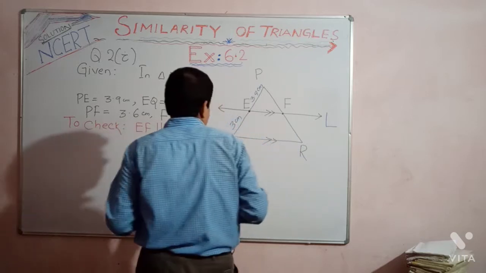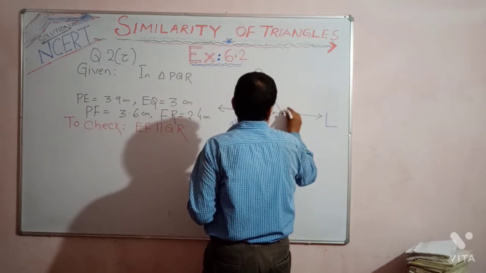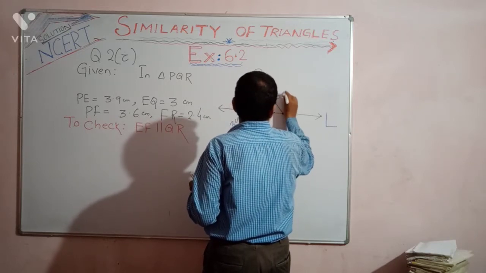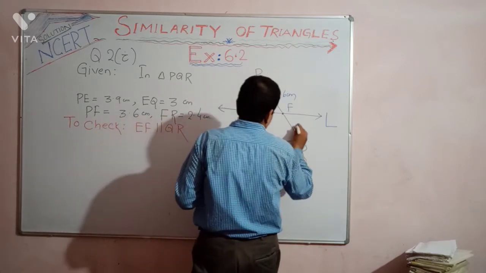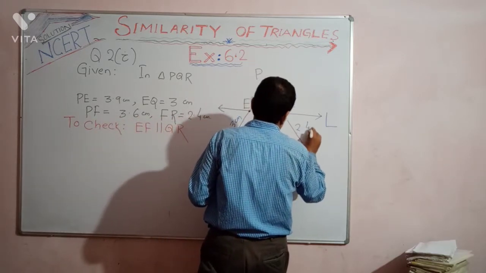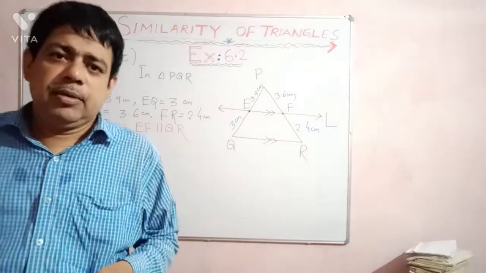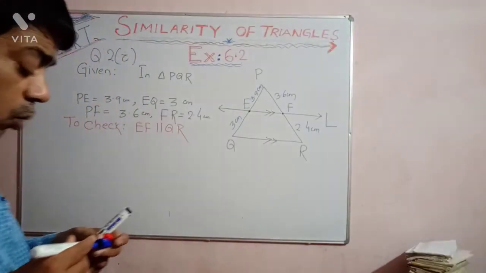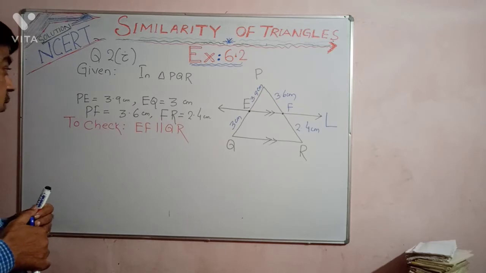PF is given as 3.6 centimeter, and also FR is given as 2.4 centimeter. And you have to check whether the line EF is parallel to QR or not.